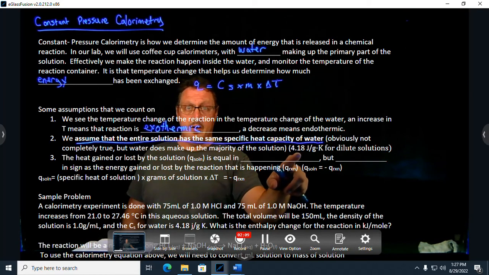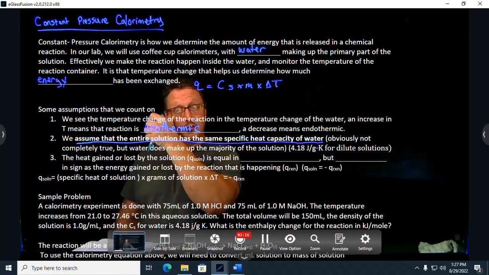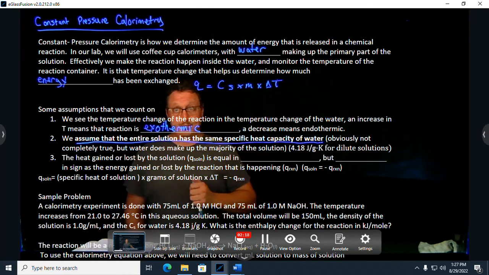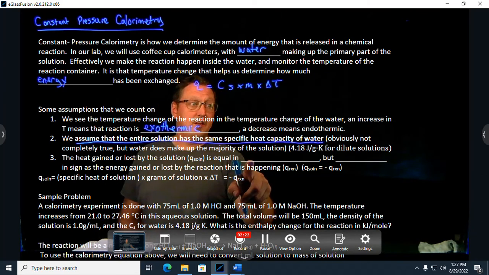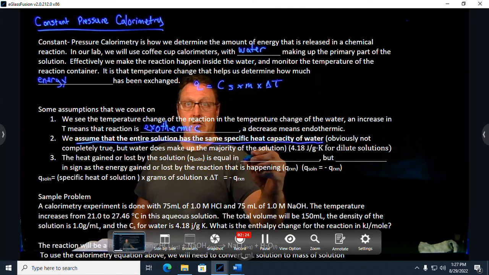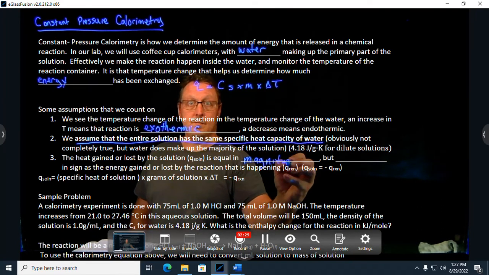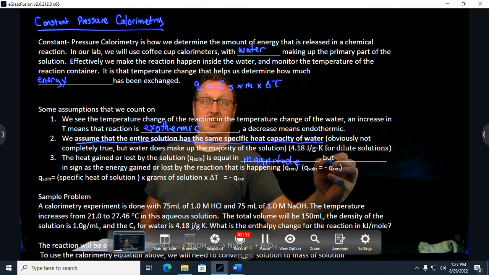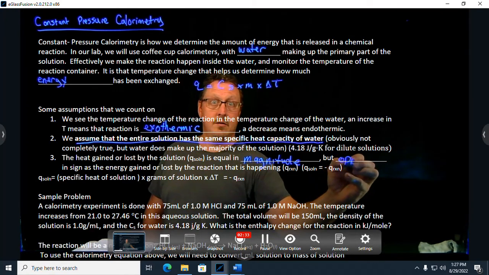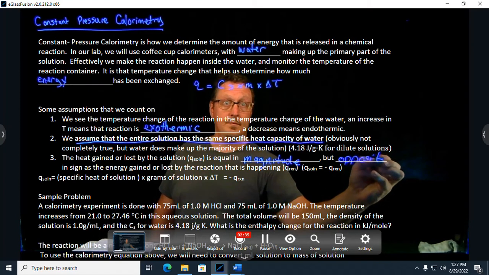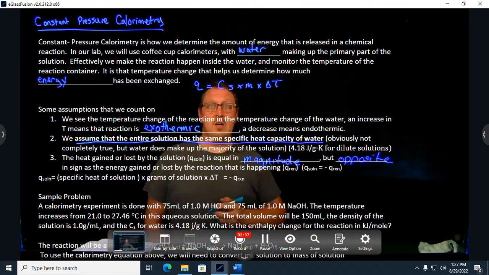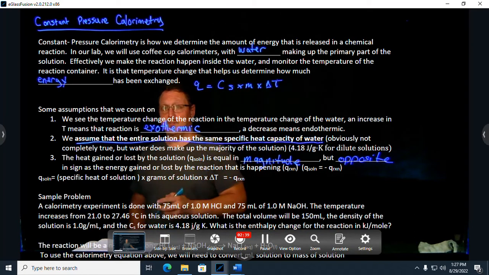Water does make up the majority of the solution. And remember that we use the specific heat capacity of water. The Cs of water is 4.18 joules per gram degree K for dilute solutions. Now, the heat gained or lost by the solution, the Q of solution, is equal in magnitude but opposite in sign to the heat gained or lost by the reaction.